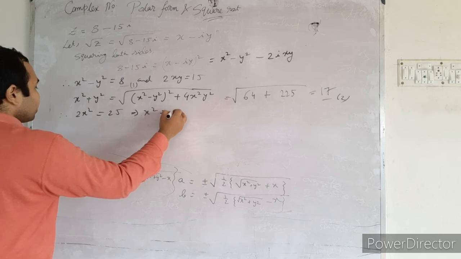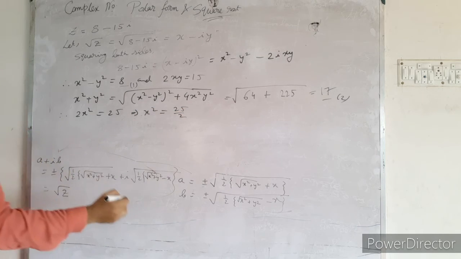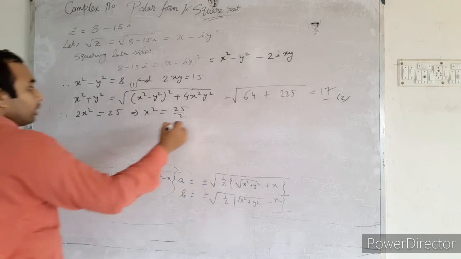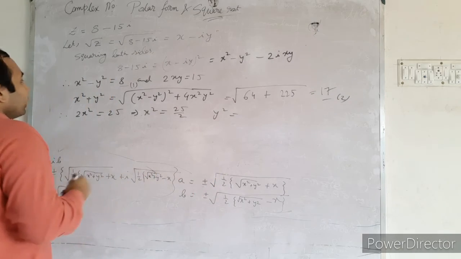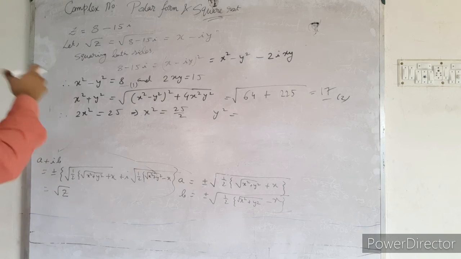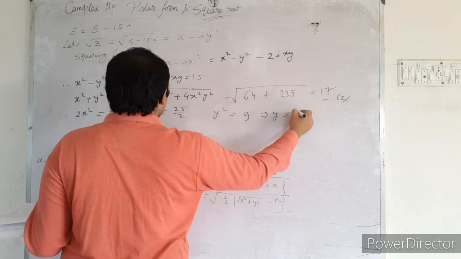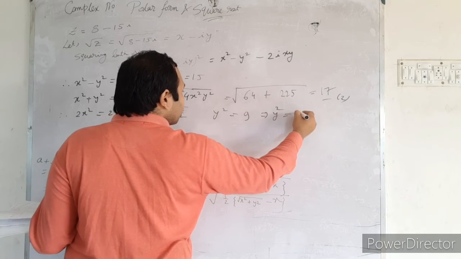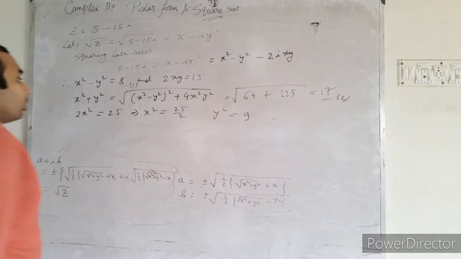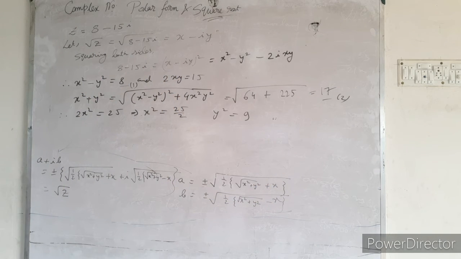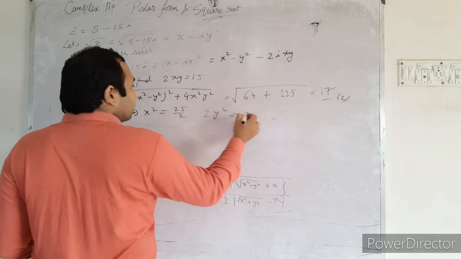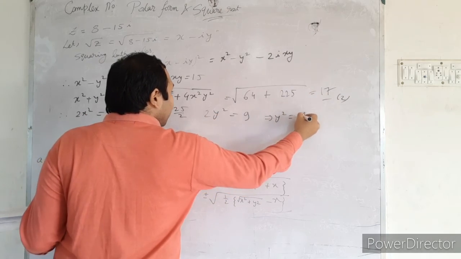So x square equals 25 by 2, and for y square we subtract, 17 minus 8 is 9, so y square equals 9 by 2.